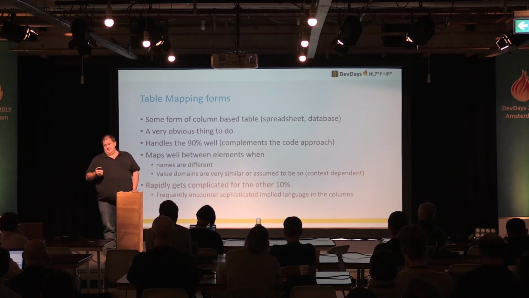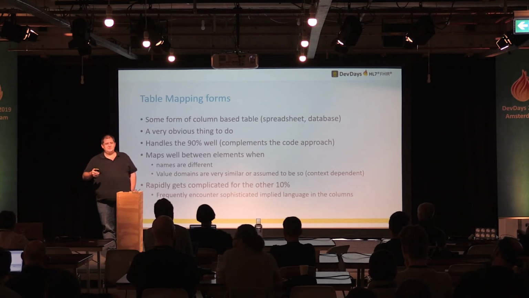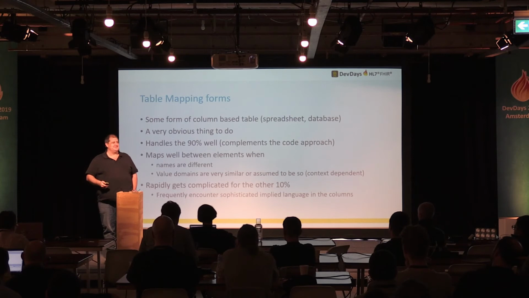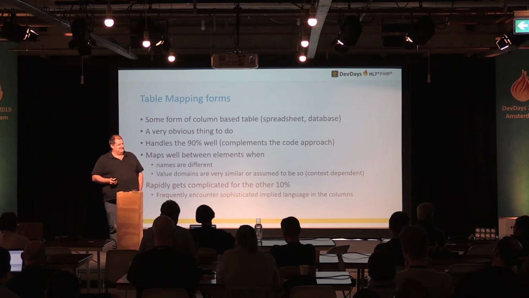And of course, typical system analyst, I've seen this again and again. If the project's 3 months, 2.5 months in, it's going great because they're still doing the 90%. And they're about to hit the wall. I've seen that before. So it maps well when the names are different but the value domains are the same.